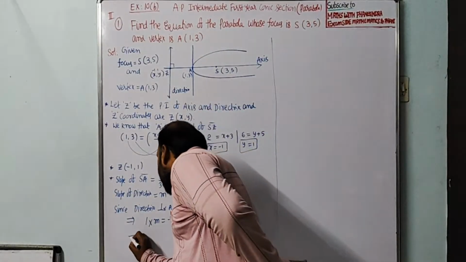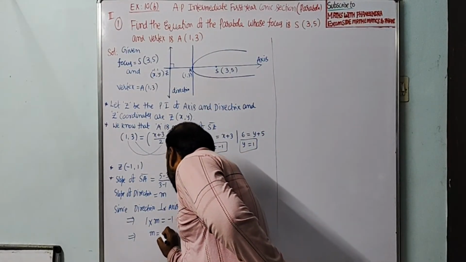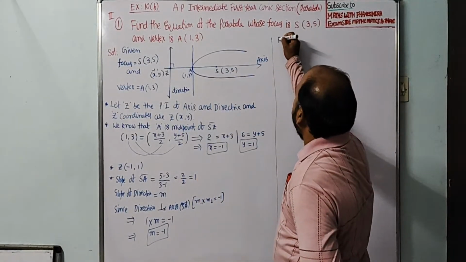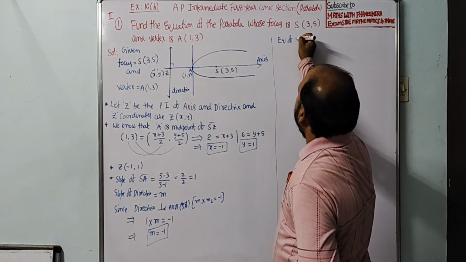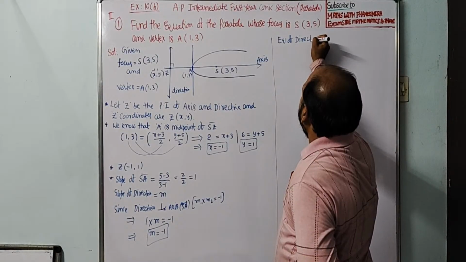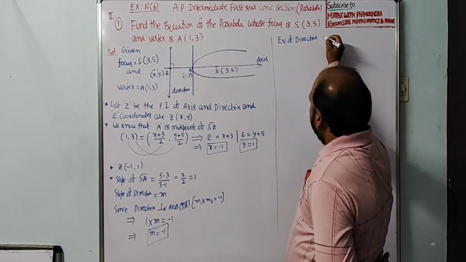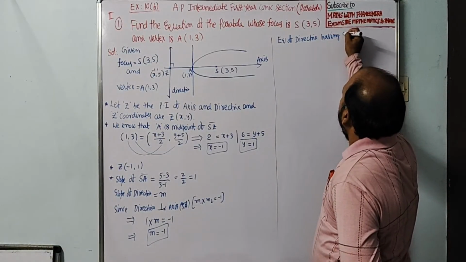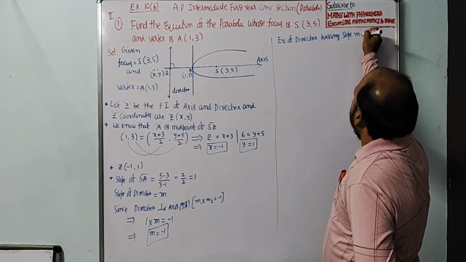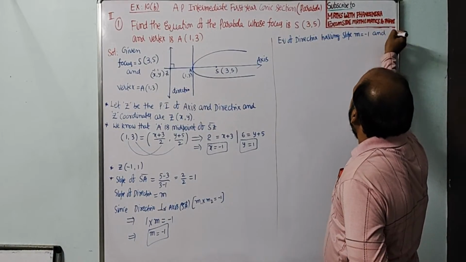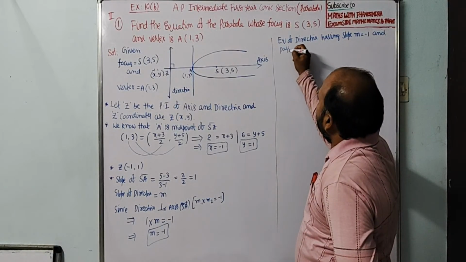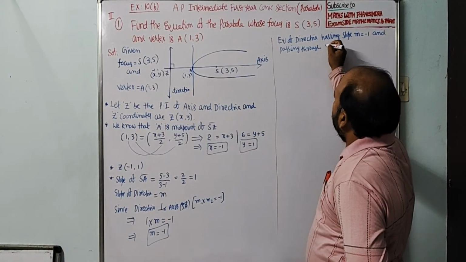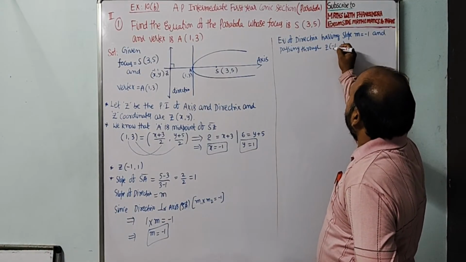So 1 into m equals -1, which implies m = -1. So the equation of directrix has slope m = -1 and passes through Z(-1, 1), which is (x1, y1).